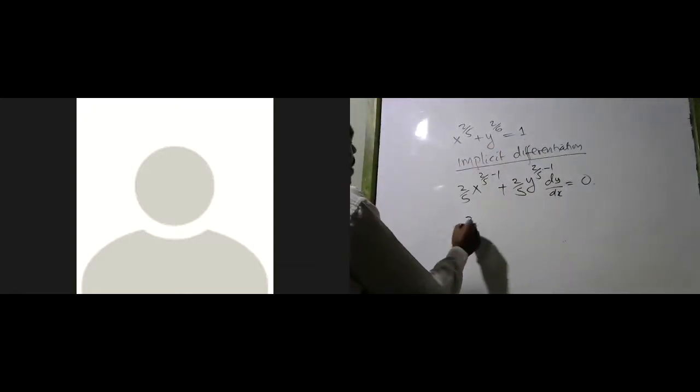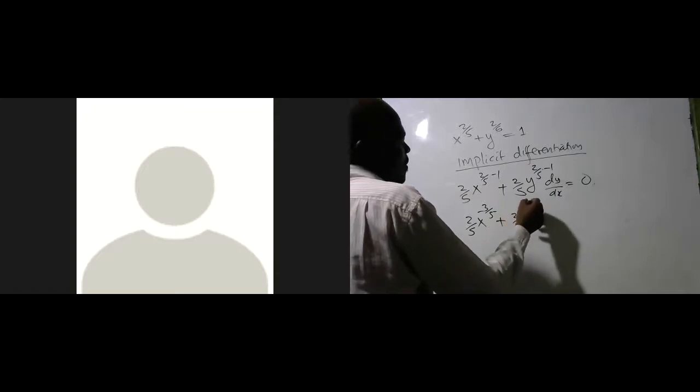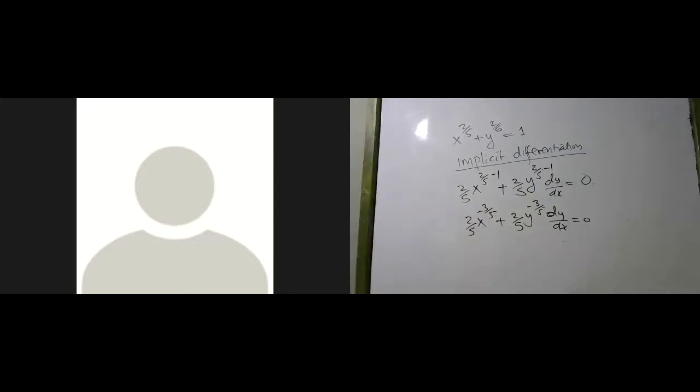Then we have 2 over 5 x to the power minus 3 over 5 plus 2 over 5 y to the power minus 3 over 5 dy/dx equals 0.